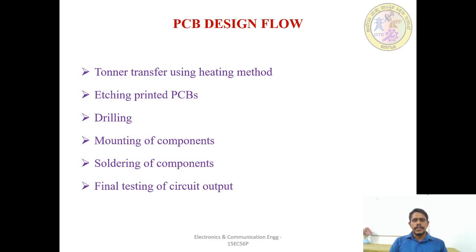Etching of the printed PCB is done in the manufacturing section and it is not in the PCB design center. Then once the etching has been completed, go for drilling. Once the drilling is also completed, then mount the components, then solder the components, then do final testing of the circuit output.